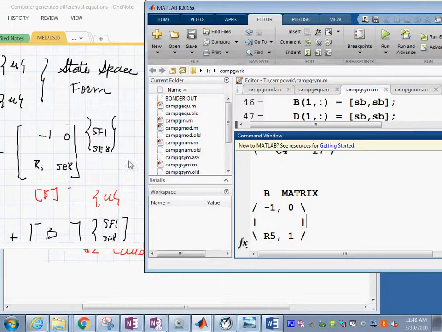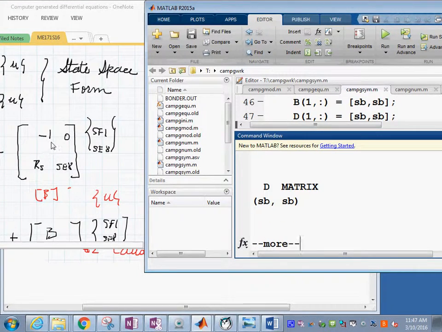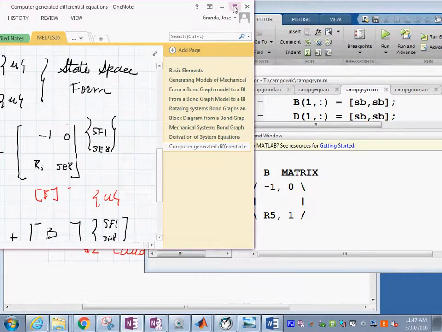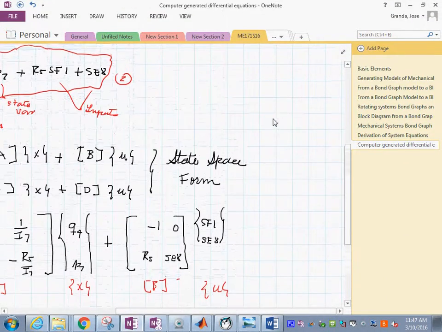You also have them in the Cauchy form, and then we can use these equations also to produce block diagrams, although we don't need to do that, but it can be used for that purpose also. But the main thing in this case was to produce the state space form, which you see that it produced the matrices here.